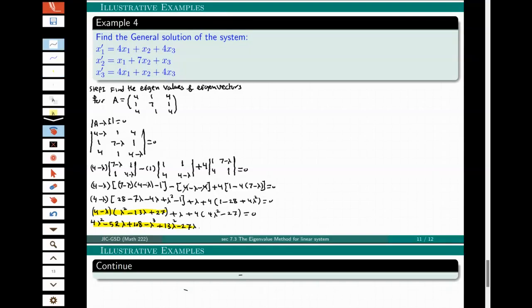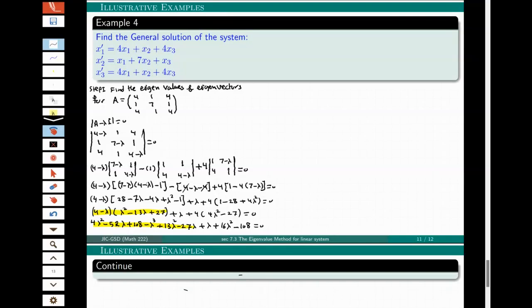Now, I have here plus lambda plus 4 times 4 is 16 lambda squared, and 4 times minus 27, that's minus 108. Okay, equal to 0.